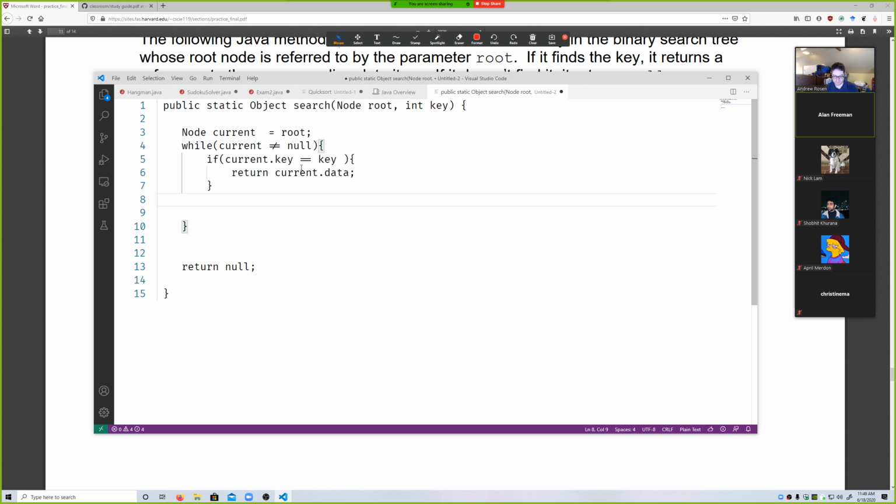Else, if current dot key is less than, if the key we are looking for is less than where we're at, then current is equal to current dot left.